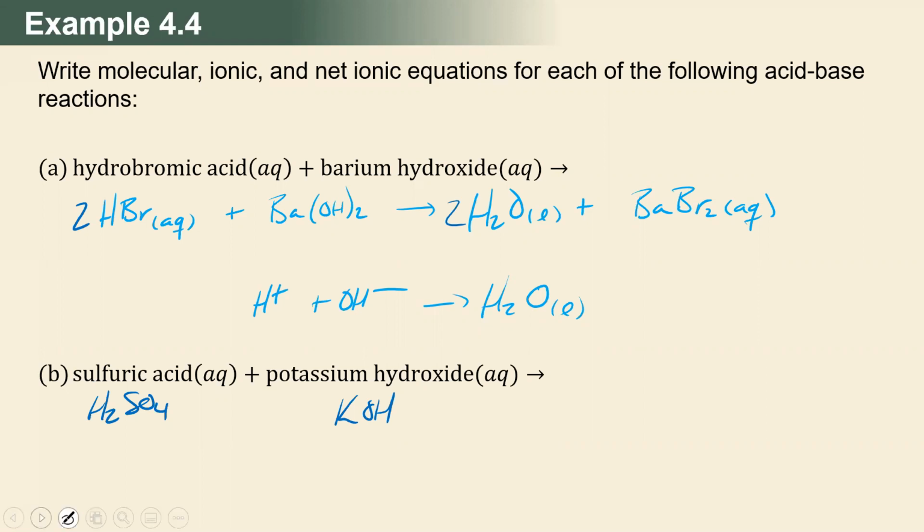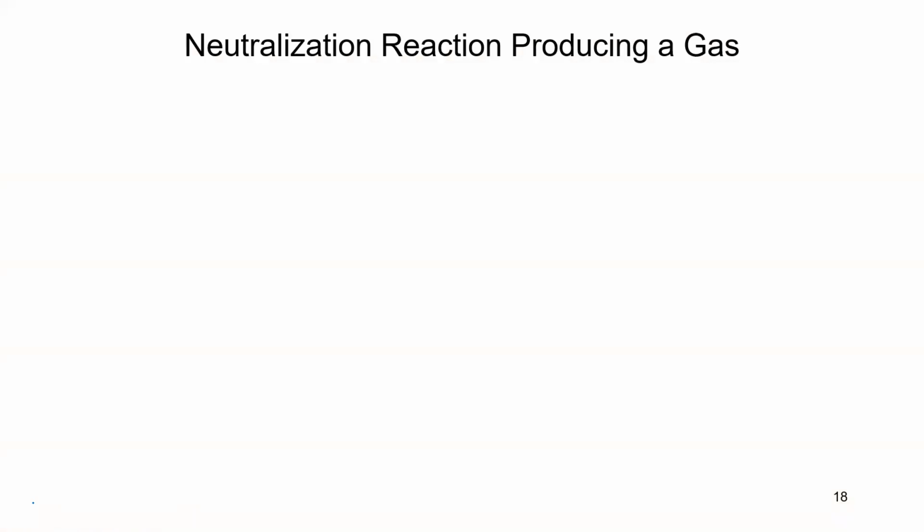Okay. So we talked a little bit about this last time, reactions that give us a gas product. Again, those are going to be carbonates. And usually these carbonates are weak bases. And so we will have some salt left over usually. And so let's see here.